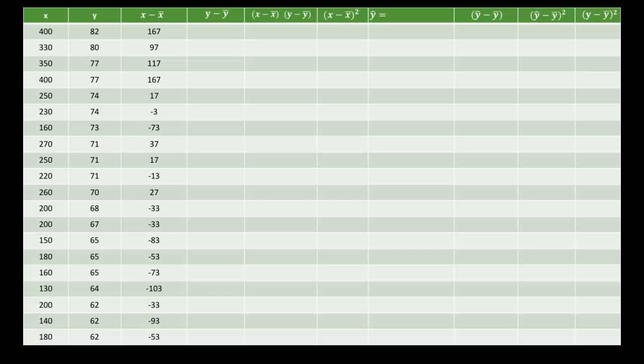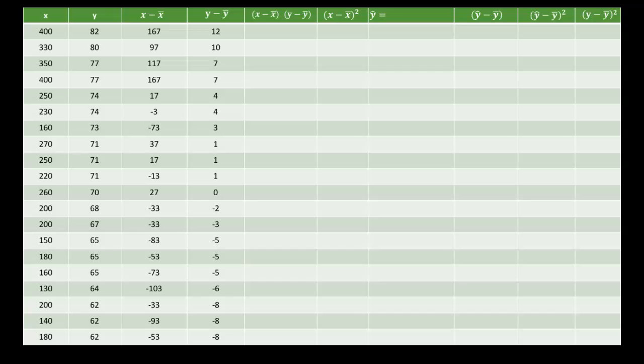Now we can do the same thing here for y minus y bar. So our y bar was 70. So all of our y values minus 70, and our list will look like this. So 82 minus 70 gets you 12. 80 minus 70 gets you 10, and so on.